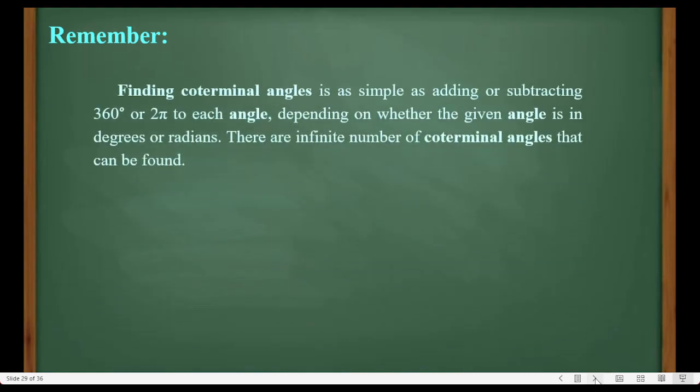Remember, finding coterminal angles is as simple as adding or subtracting 360 degrees or 2 pi to each angle, depending on whether the given angle is in degrees or in radians. There are an infinite number of coterminal angles that can be found.